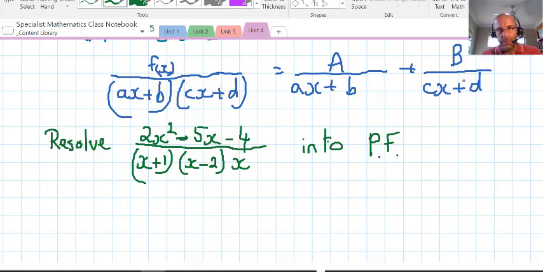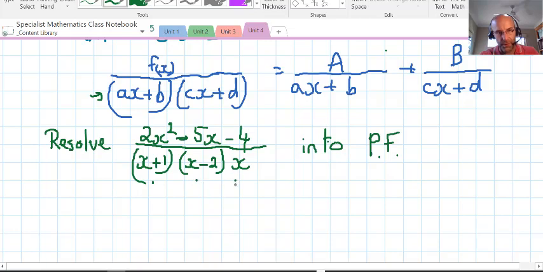Now, basically speaking, from an early video on this, we saw that for every distinct linear factor on the denominator, we have a separate term in the partial fraction expansion. So if we look at the denominator here, we have 1, 2, 3, not 2 now, we have 3 distinct linear factors. So we will see that when we write this out, we'll have 3 terms summed together on the right hand side.